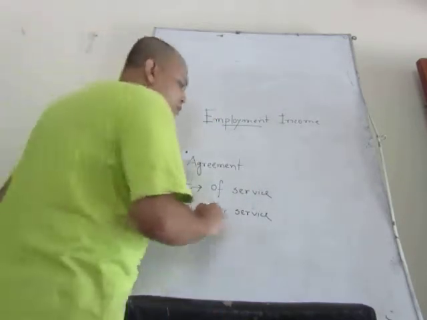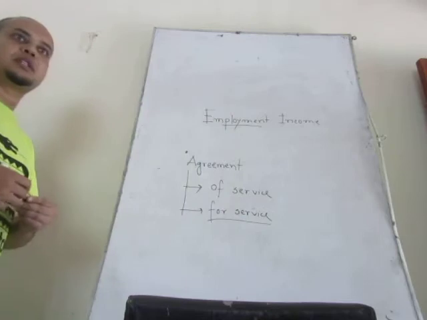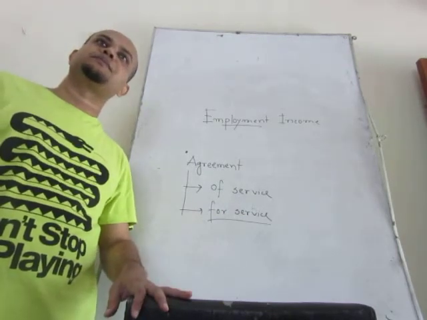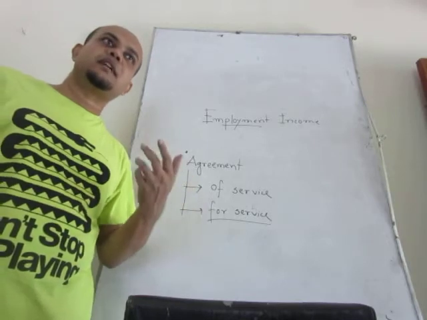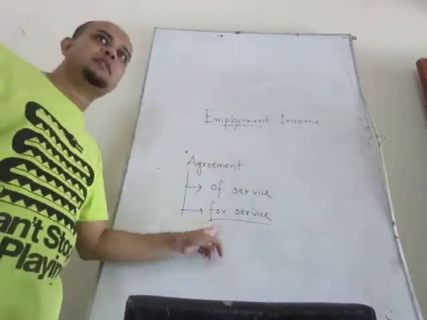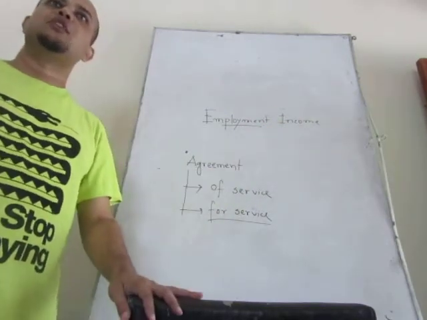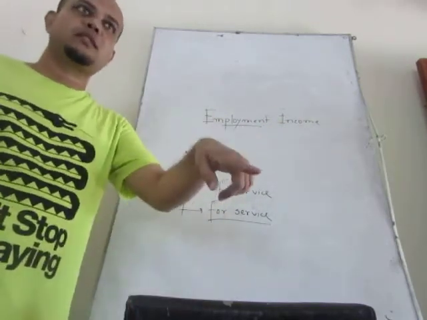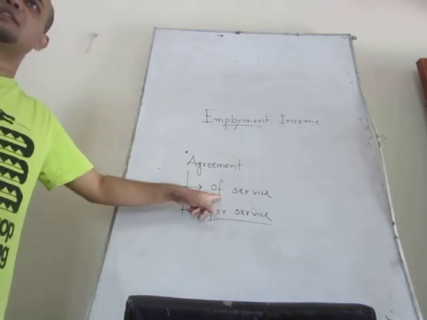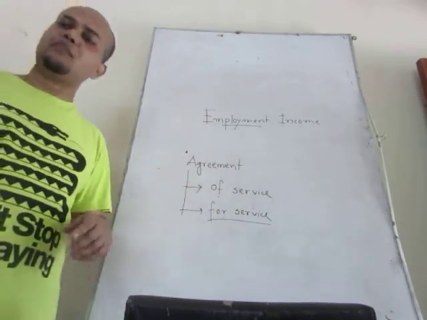But with an agreement for service, suppose you are individually doing some specific kind of business or trading. In that case, you have to make an agreement with your customer for a specific kind of service to be provided. So an agreement for service means self-employed. An agreement of service means employment.